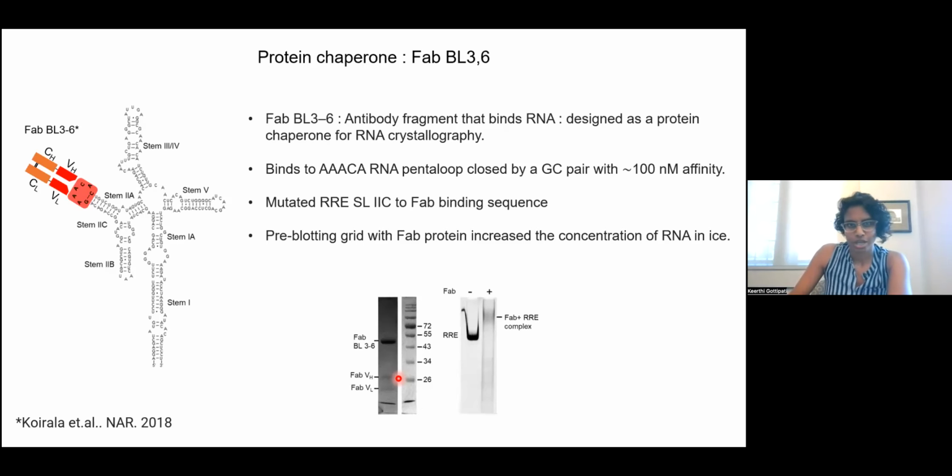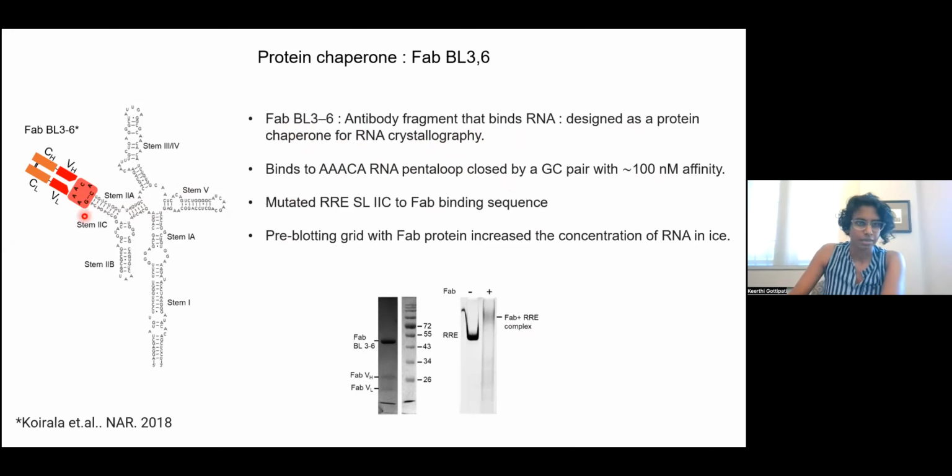So for this protein chaperone, we used the Fab antibody fragment. This was something that was developed by the Piccirilli group. They developed Fab BL36 as an antibody fragment that binds RNA. It was designed as a protein chaperone for RNA crystallography. It binds to the AAACA RNA pentaloop with about 100 nanomolar affinity.